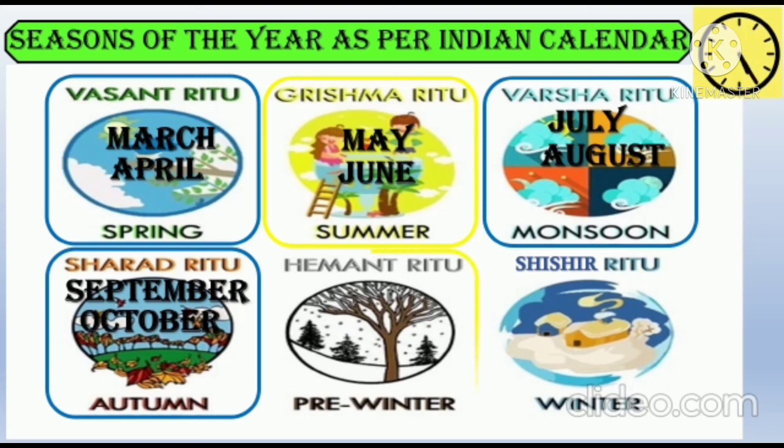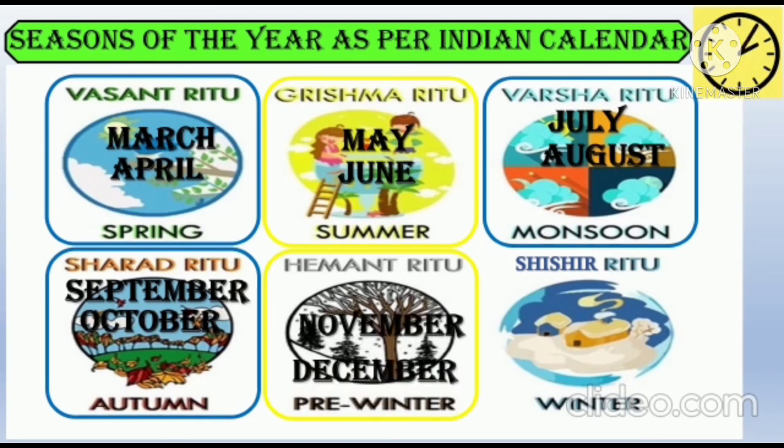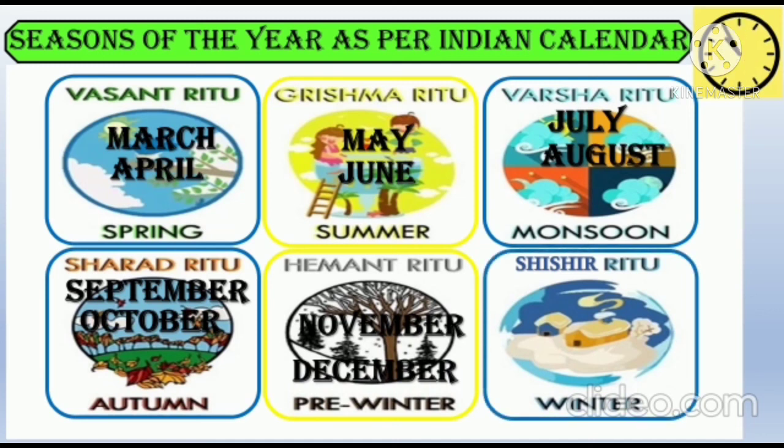Next is Hemant Ritu. That is the pre-winter. It is just before winter. Now it is which season, children? Hemant Ritu. Winter has not yet started, but it will start now. So which are these months? November and December. After that, Shishir Ritu, that is the winter, that will be January and February.